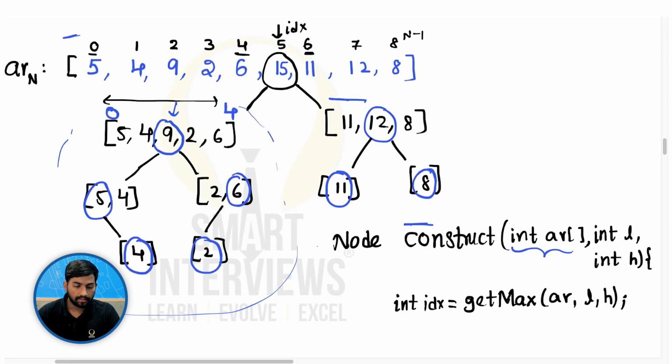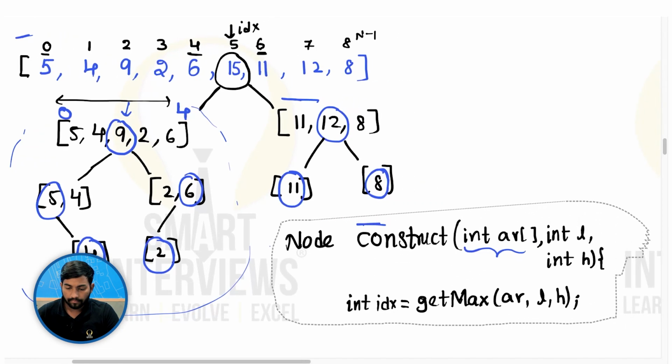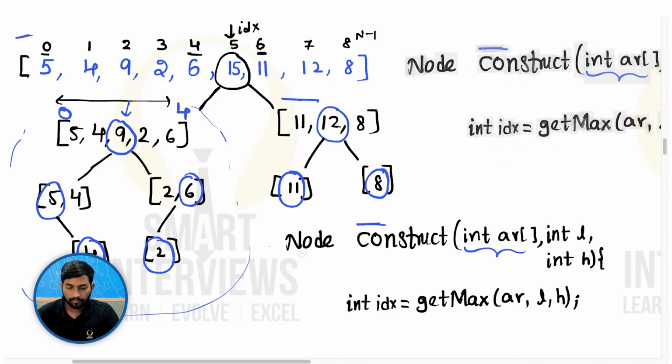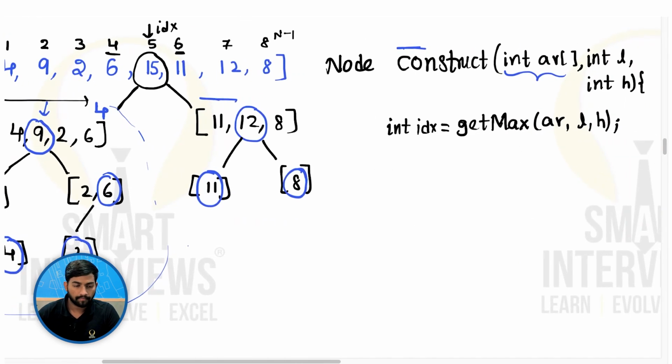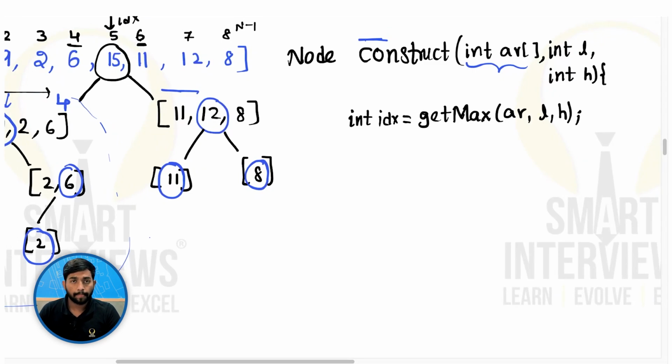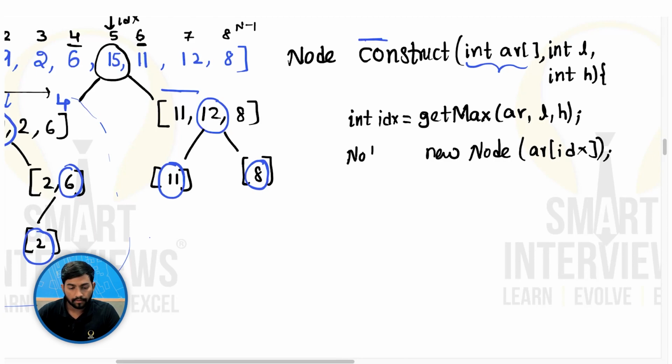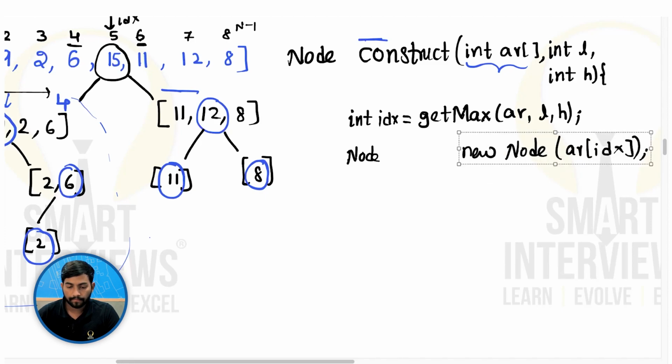Okay, then after this, we should create a node with the element at the given index. Now this will be the root of our current tree. So let's say node root is equal to new node of array of idx.